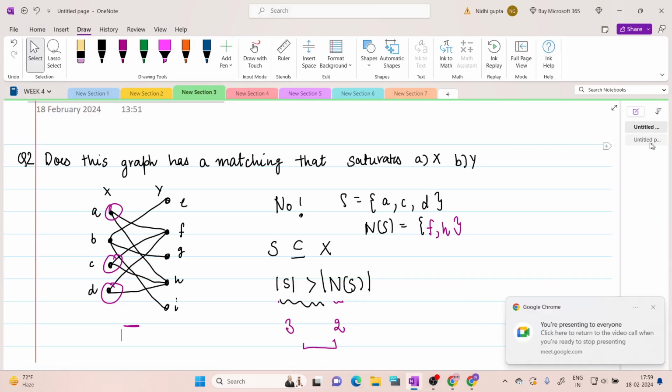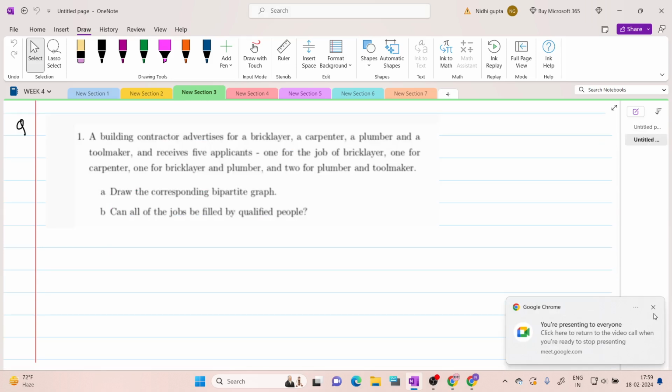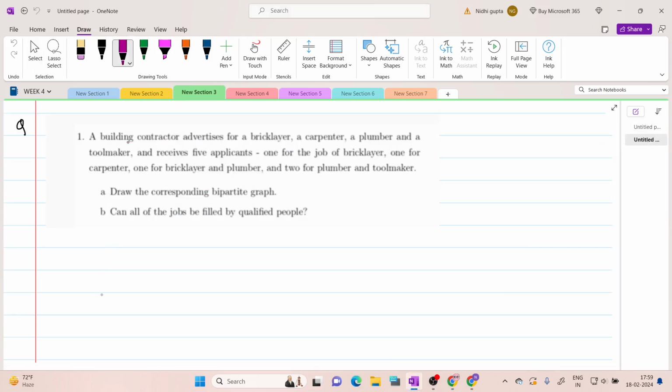So next question. A building contractor advertised for a bricklayer, carpenter, plumber, and a tool maker and receives 5 applicants. One for the job of bricklayer, one for carpenter, one for bricklayer and plumber, and 2 applications for plumber and tool maker.